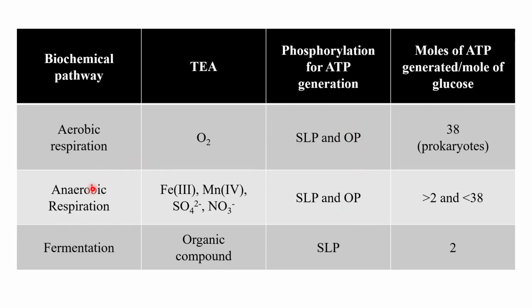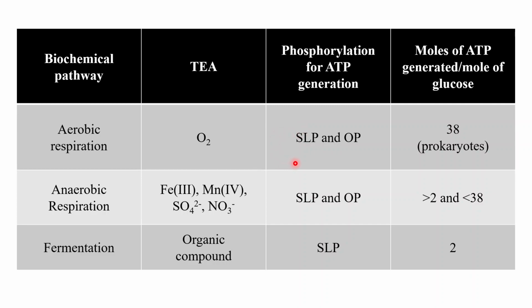Even in case of anaerobic respiration, it is named as oxidative phosphorylation, although oxygen is not the terminal electron acceptor, but all the other sequences are the same in the electron transport chain as well as the ATP synthesis process. Substrate level phosphorylation, what is this thing?